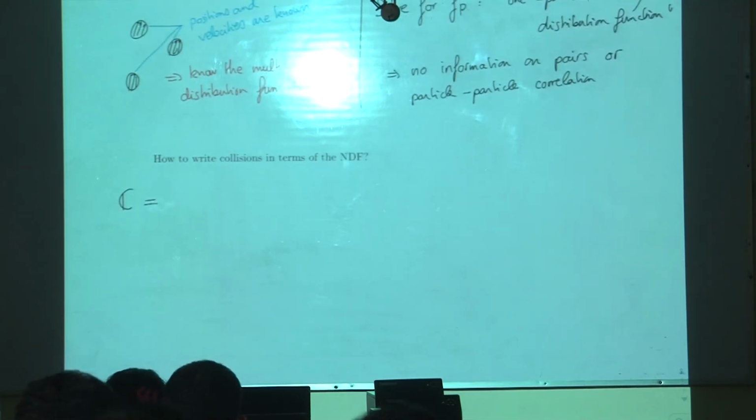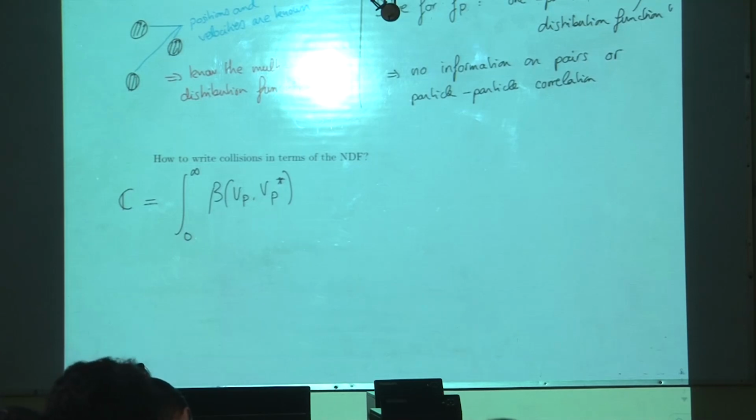So you would essentially need to integrate over all possible volumes, and then you would have some sort of a coefficient that accounts for the overlap between the two volumes of particle 1 and particle 2, and then you will need some information about whether the two particles are going to be hitting one another.